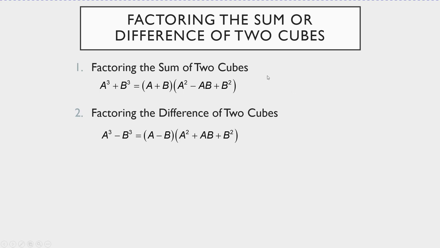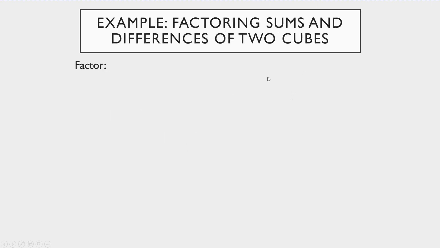Let's do two problems so you can see here. Let's factor x cubed minus 27. I can rewrite this as x cubed minus 3 cubed, since 27 is a perfect cube. So I have the difference of two cubes here.